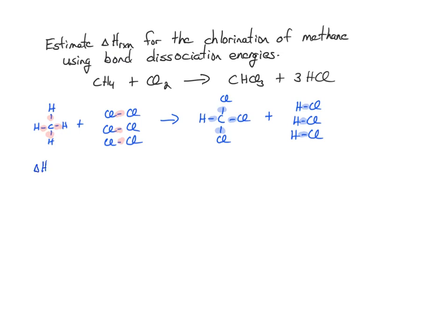So delta H is approximately going to be equal to 4 carbon to hydrogen bonds plus 3 chlorine to chlorine. And we're going to subtract all the bonds that are formed. We have 1 carbon to hydrogen and 3 carbon to chlorines and 3 hydrogen to chlorine bonds.